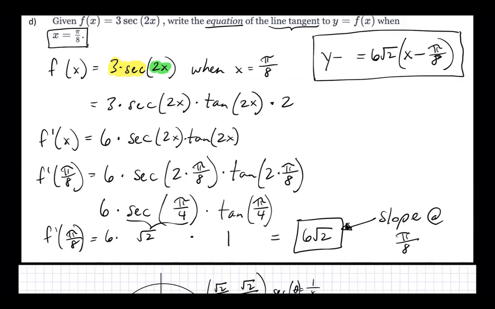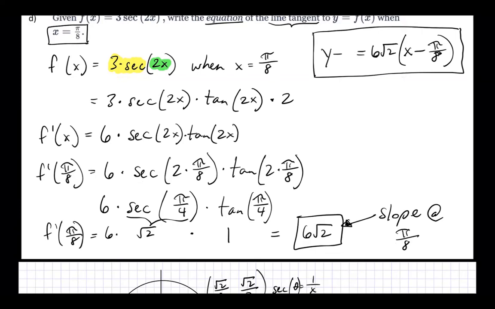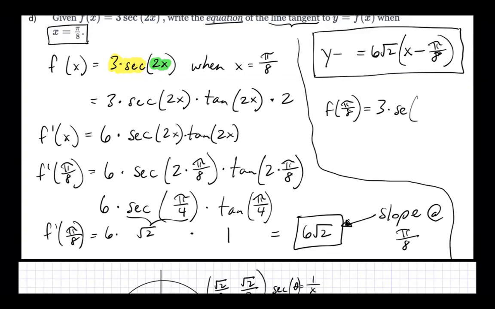How do I come up with my y? What do I need to do to come up with my y? To the original equation, right? Pi over 8, plug it into the original. Okay, so let me do that over here. So not f prime of pi over 8, f of pi over 8. So you get 3 times the secant of 2 times pi over 8. That looks familiar. I think I just did that.